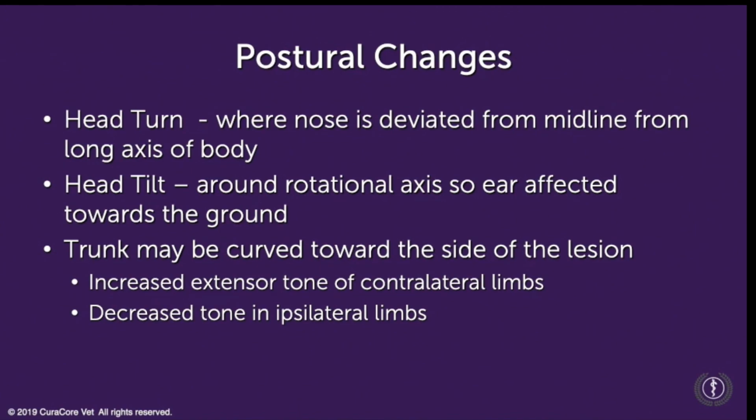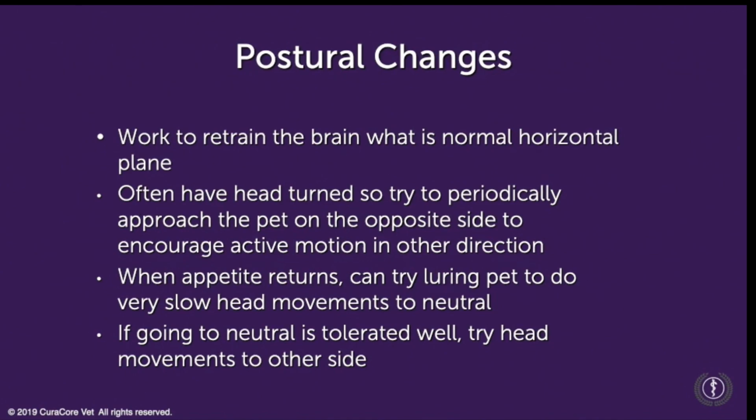It's real important with these postural changes, and this is where physical rehabilitation can be very beneficial, with certain exercises that retrain the vestibular system to learn what true horizontal is. Specific types of exercises will be provided in another lecture.